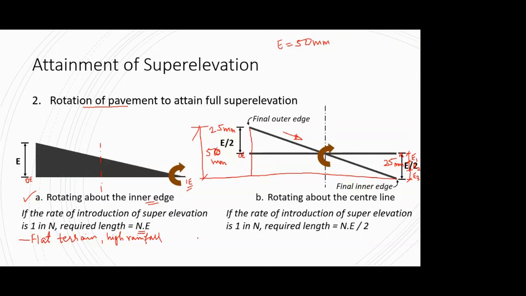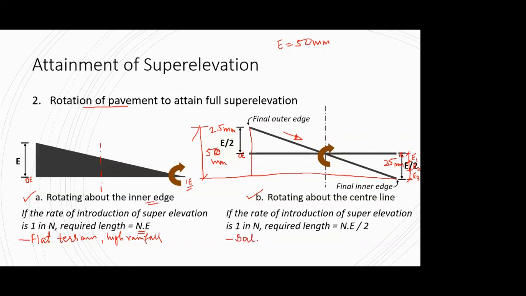Okay. And coming to the second method, or method number 2B. So now if you just see, what we have done is we have raised our outer edge and lowered our inner edge by equal amounts. So this kind of method is useful if you want a balanced earthwork.